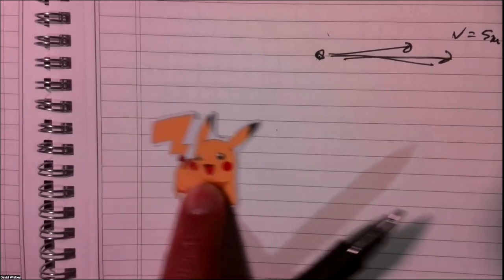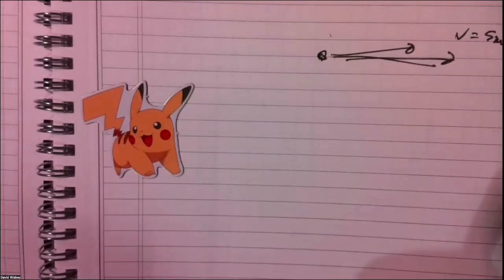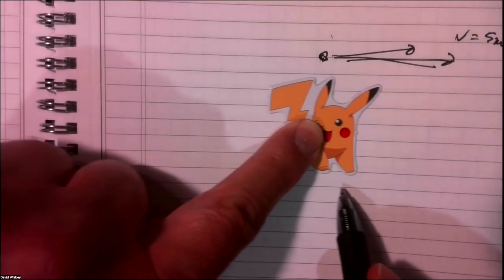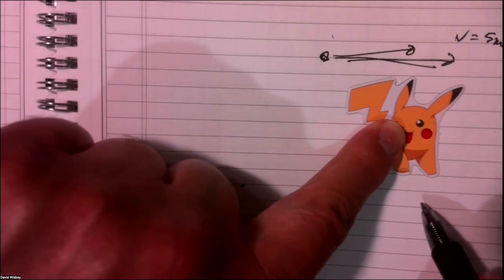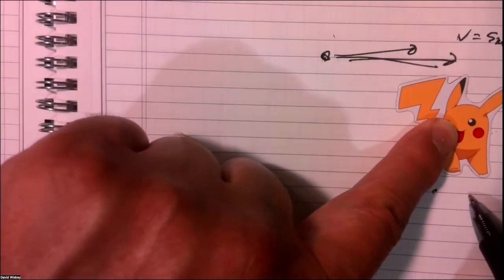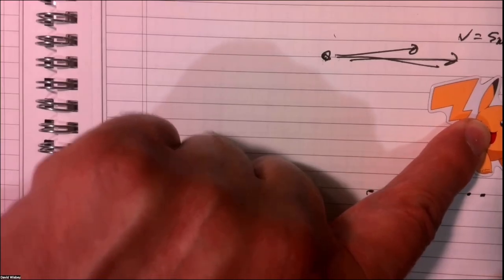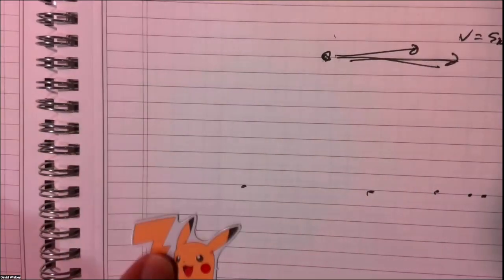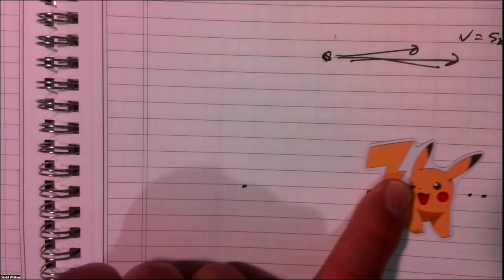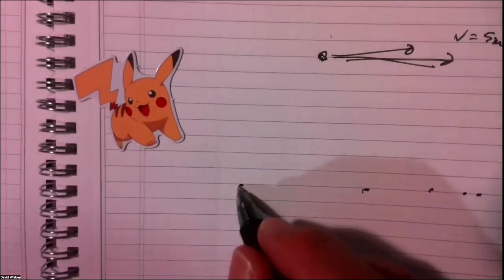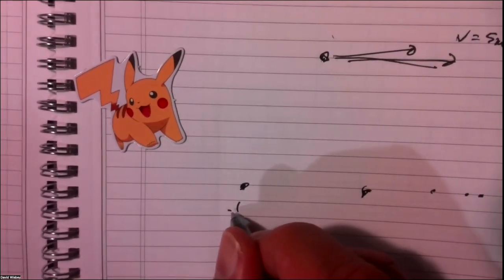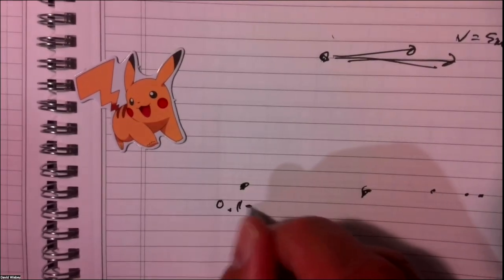So if Pikachu's running along here and all of a sudden he slows down, I'm going to make dots. So he's going here, I'll put a dot here, then he goes here, and now he's kind of slowing down, and so the dots are getting closer together. Wherever he was, he's here, and then he's here, and he's here. So these dots get closer together, and this is, let's say, every 0.01 seconds.